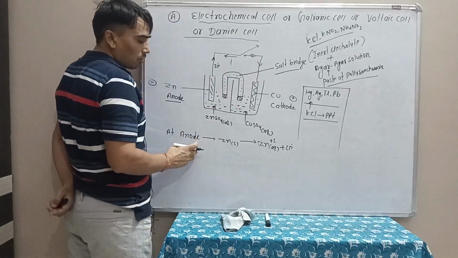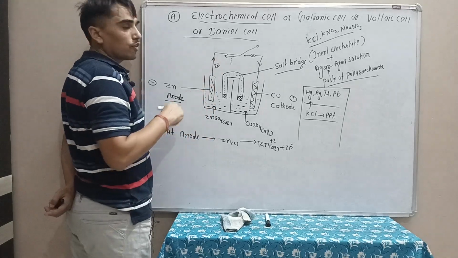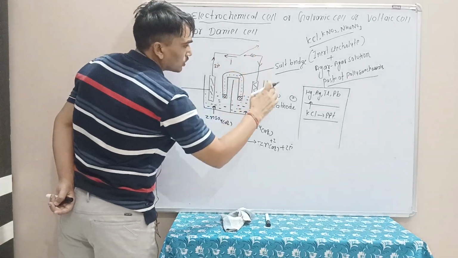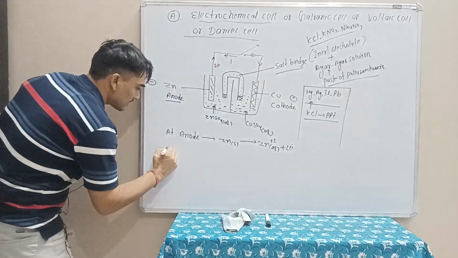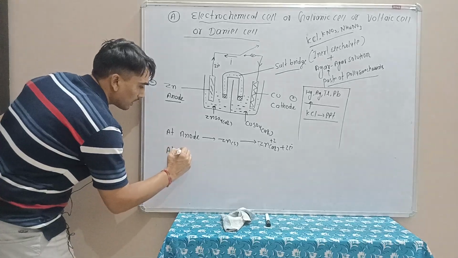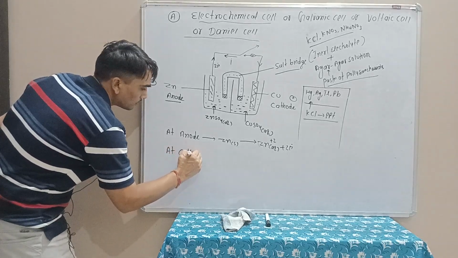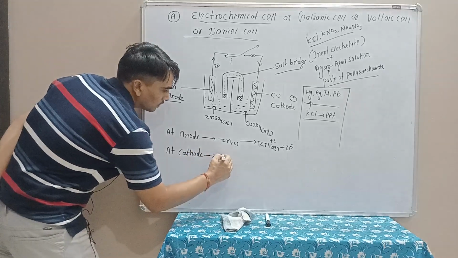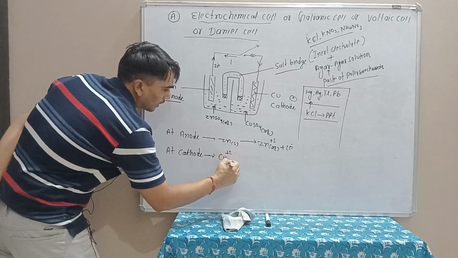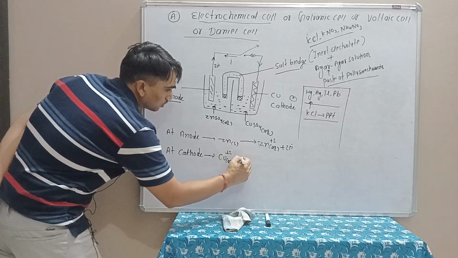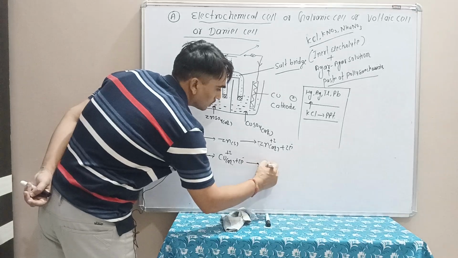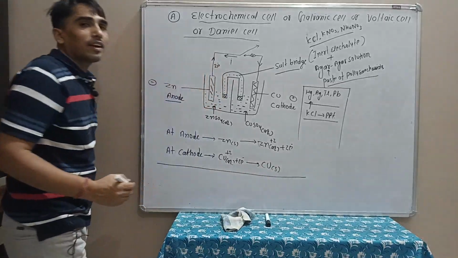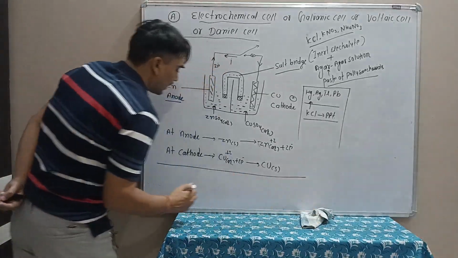I have already mentioned that two electrons flow from anode to cathode. So these two electrons reach the copper, the cathode, and this reaction occurs at the cathode: Cu2+ aqueous plus 2 electrons gives Cu solid. And we can write the net cell reaction.